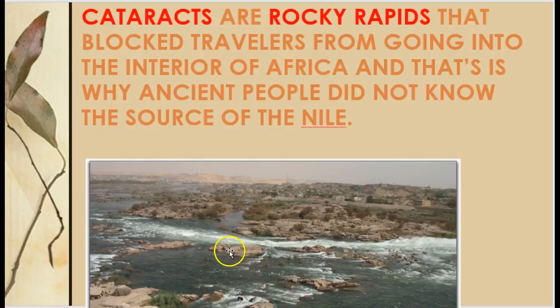You can see them right here. And that blocked travelers from going into the interior of Africa, and that is why the ancient people did not know the source of the Nile. They didn't know where it came from. They were just grateful. You can feel free to put a star next to cataracts because it may be on the test.